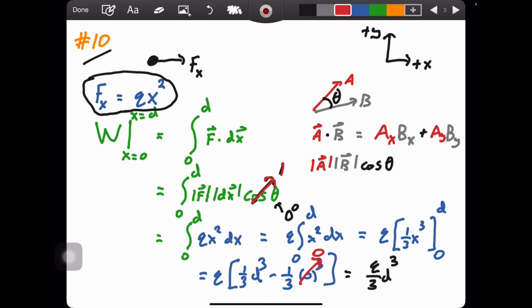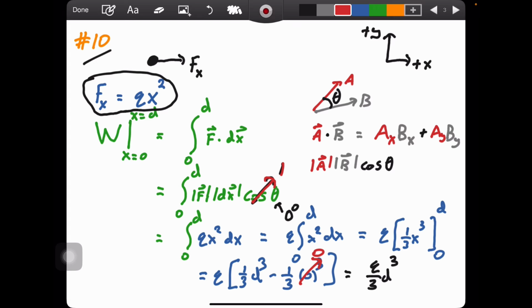And I showed you how you can think of computing a dot product in two different ways, and for the purposes of our integral, it made sense to use the version of the dot product where you take the magnitude of one vector, multiply by the magnitude of the second vector, and multiply that by the cosine of the angle between the two. When I substitute the expression for the force as a function of x, I then get an integral where I'm looking at qx squared dx being integrated.